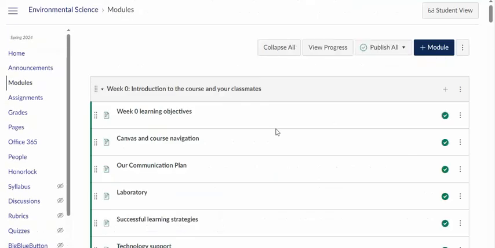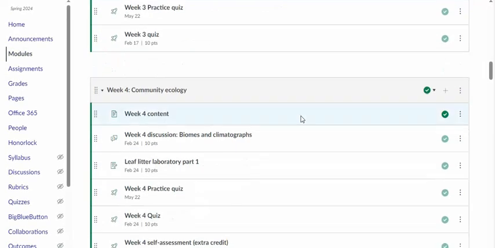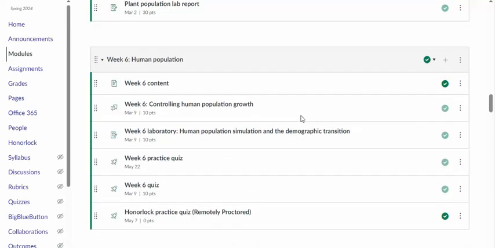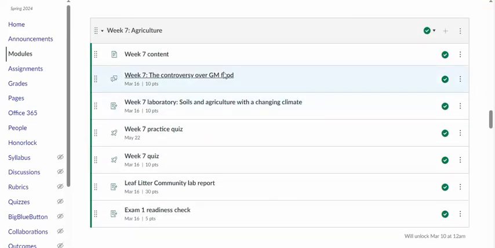So in addition to those components of the week 7 module, which we typically have a content page, a discussion, a lab, you have the practice quiz and the graded quiz. We also have the leaf litter community lab report.